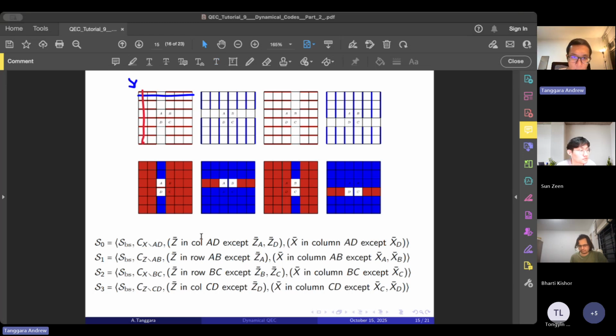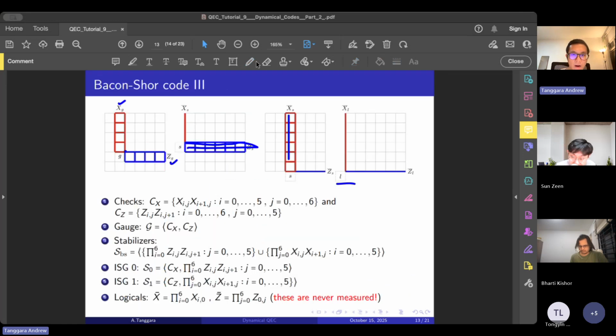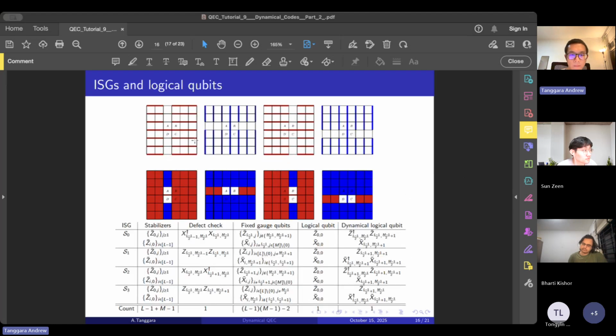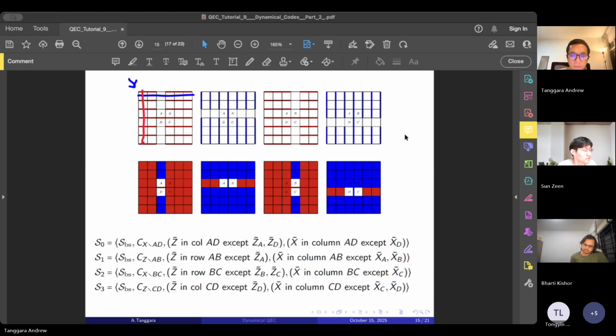So how this works is, if I go back to that slide, I can define the gauge operators this way. I associate each square with these two gauge operators. So I'm going to do the same thing here.